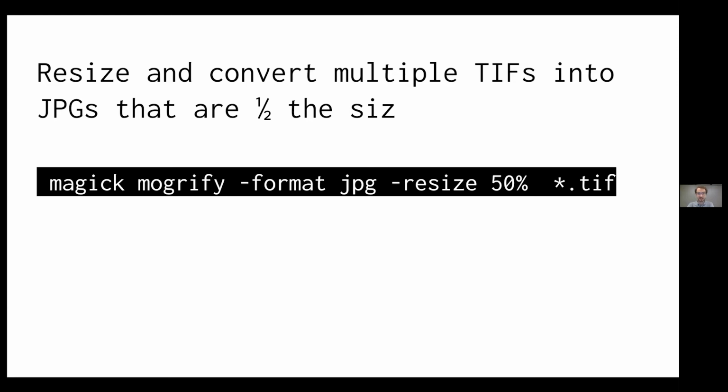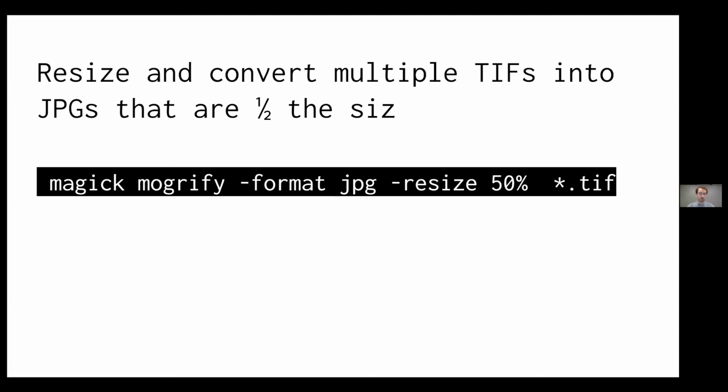Now looking at it, like I said, it's not the most intuitive thing to read and get what's going on, but let me just really quickly walk through it. Magick, that's just the name of the program. Mogrify is the name of the specific command. And then you use two different options, which are indicated with the dashes, -format and -resize.